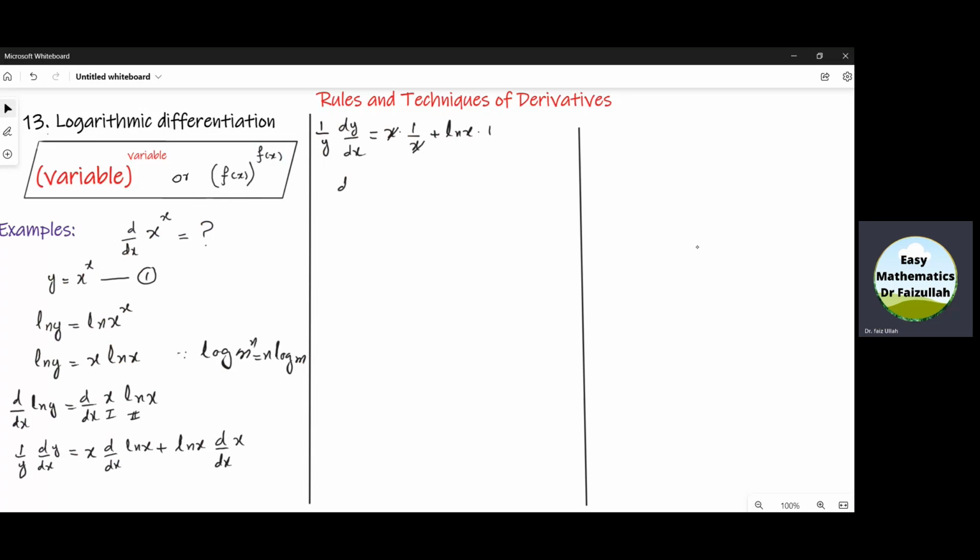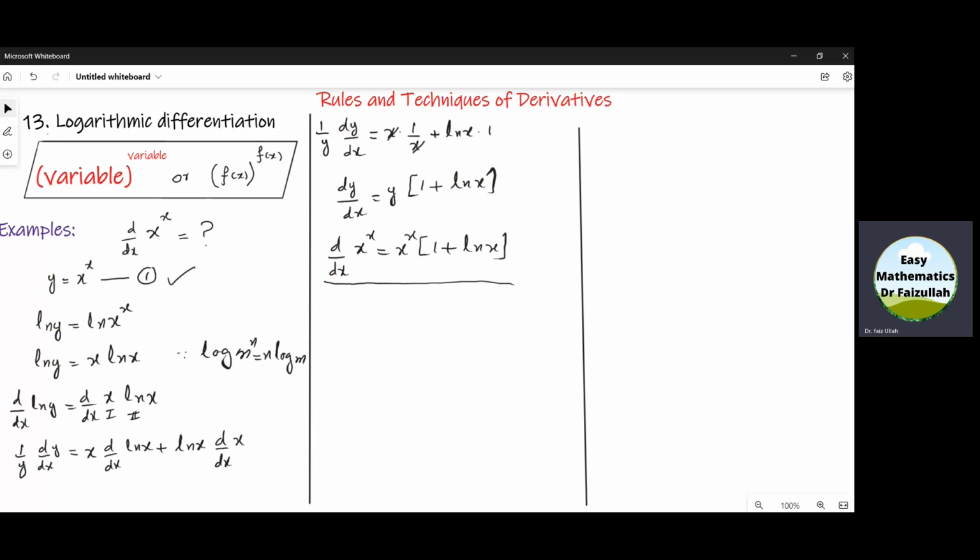And let us take y to the right hand side. So we have y into 1 plus ln x. And now let us re-put the value of y from 1. So we have d by dx of x power x is equal to x power x into 1 plus log x. And that is the required solution.